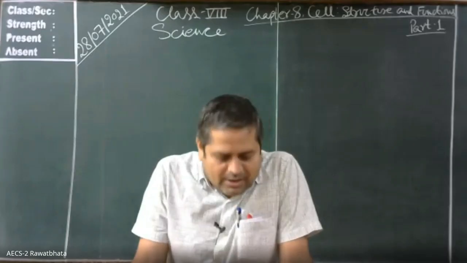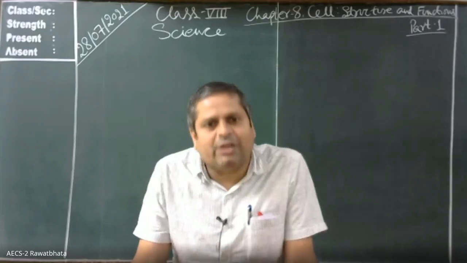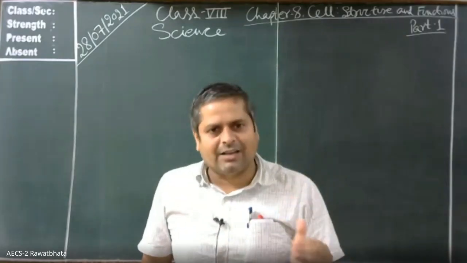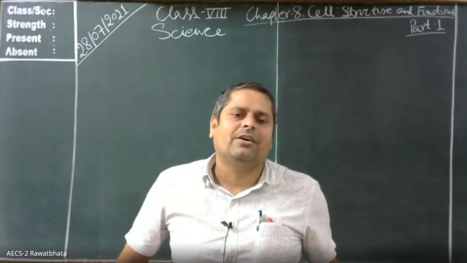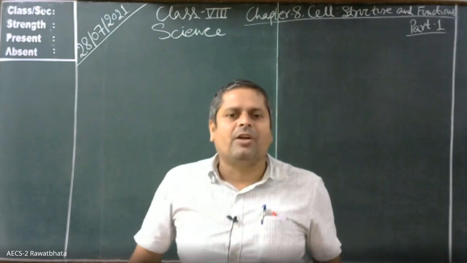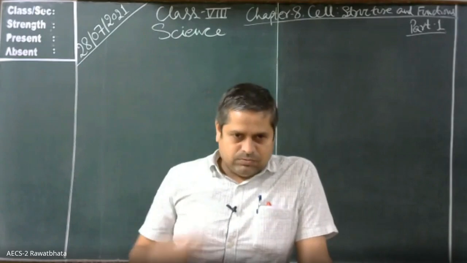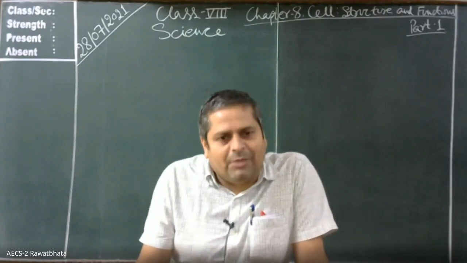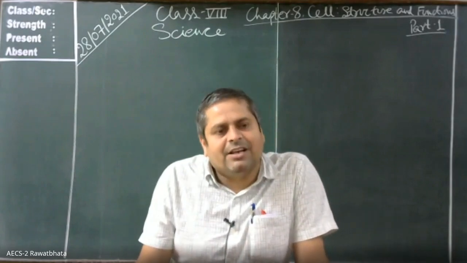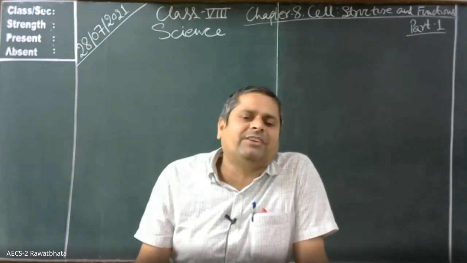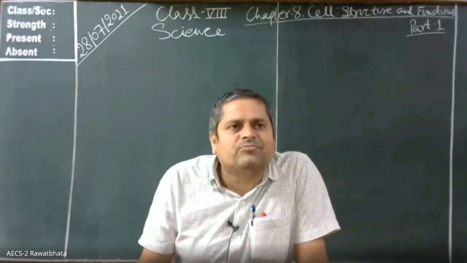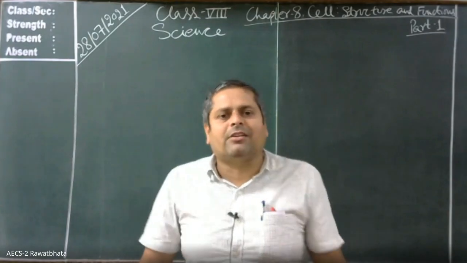So I was telling you that cells are the smallest unit in our living body. When these cells unite, they form similar kinds of cells performing the same function. What do they form? They form tissue.